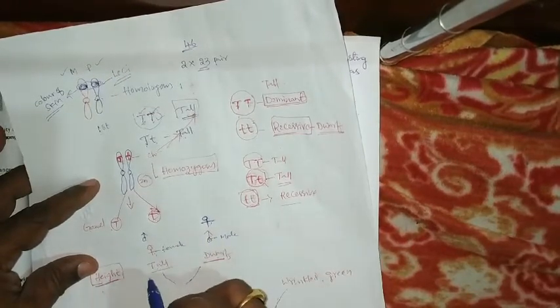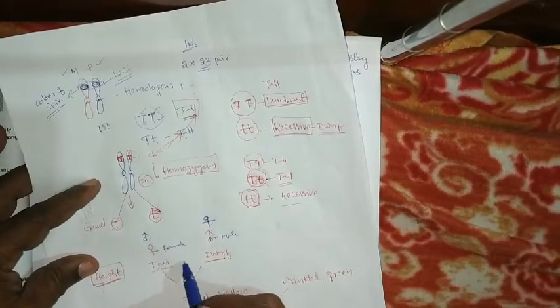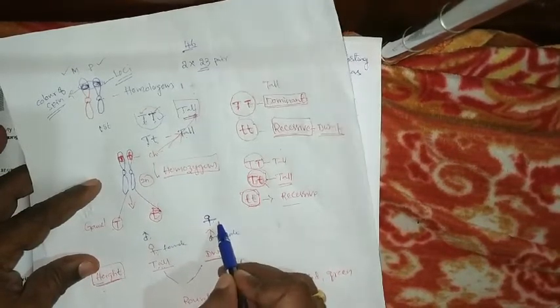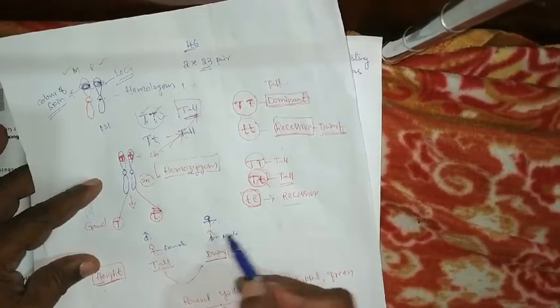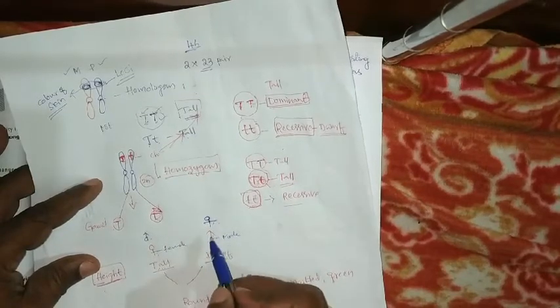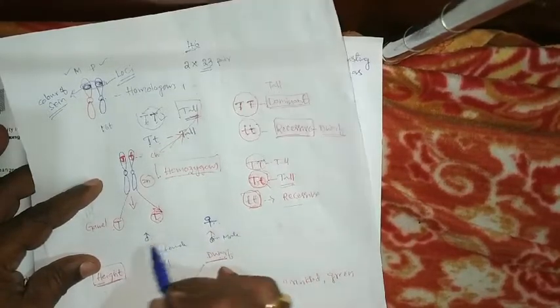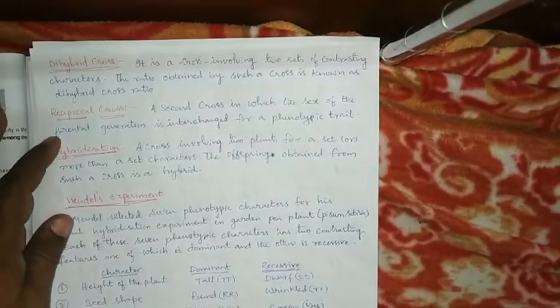This way we change the sex of the organisms and cross in a reciprocal manner. This is called a reciprocal cross.